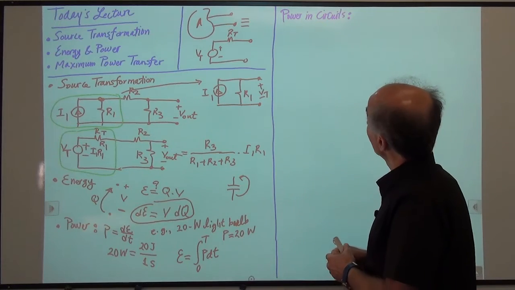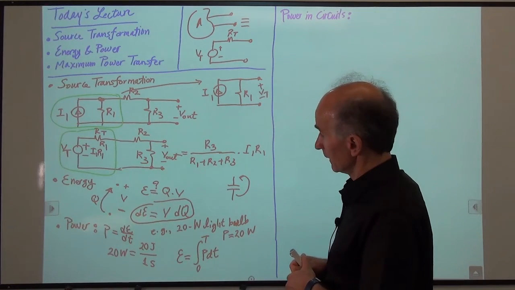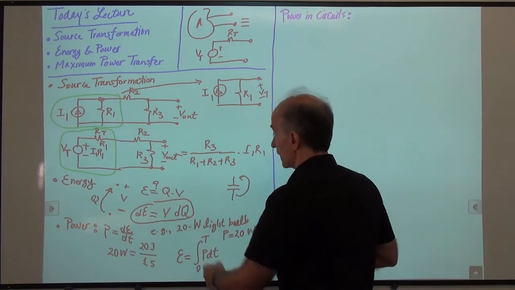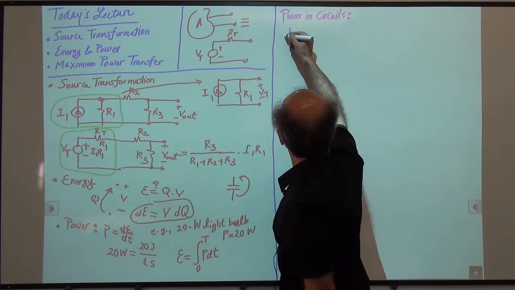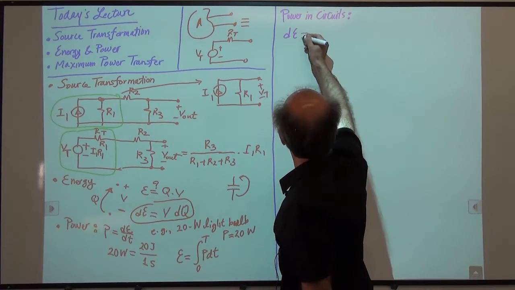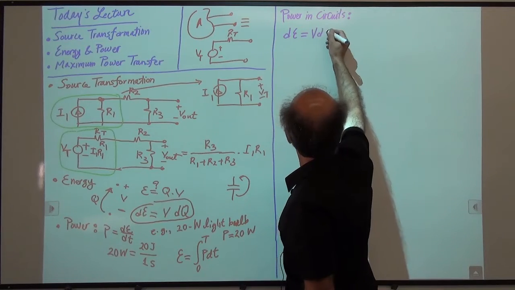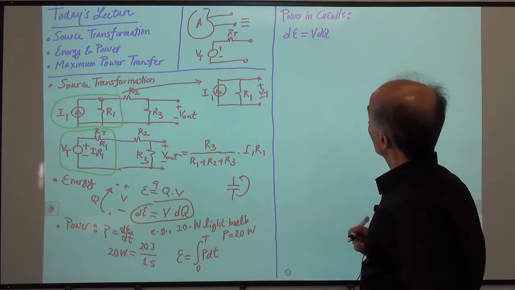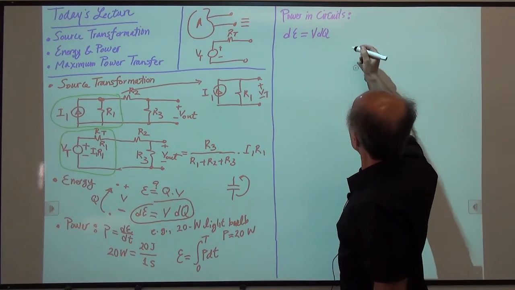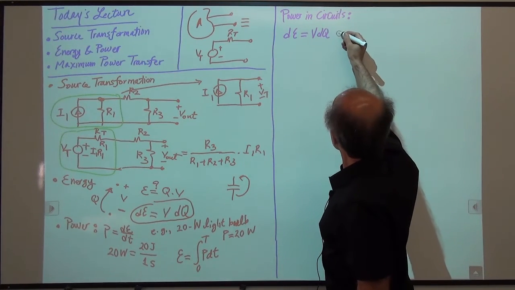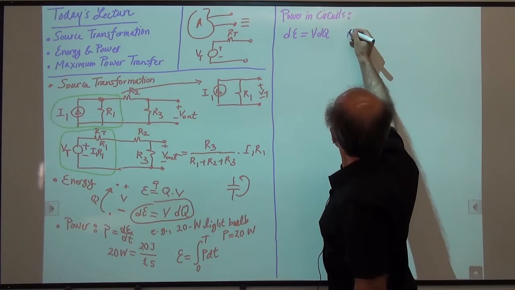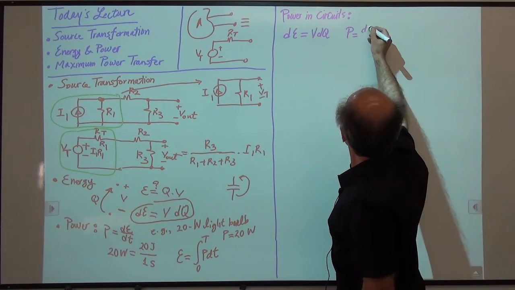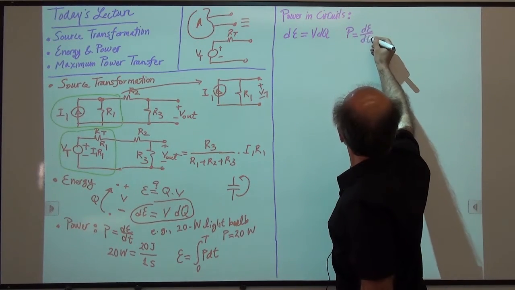All right, so what I can say is that I have this equation. So let's start out with this equation. dE is equal to V dQ. And now what I will do, let's write this as, so we know that power is dE over dt.